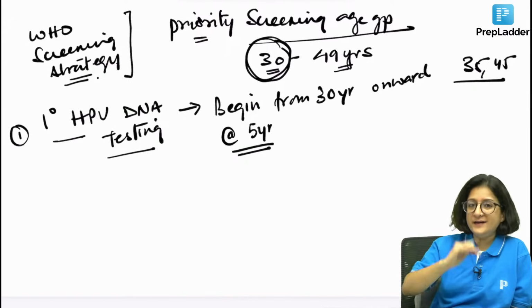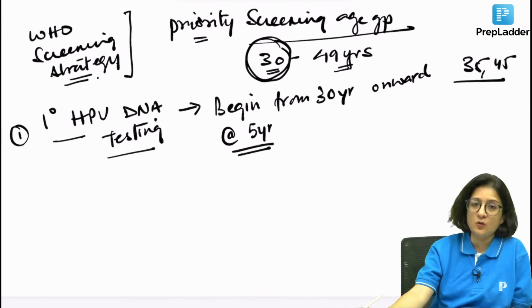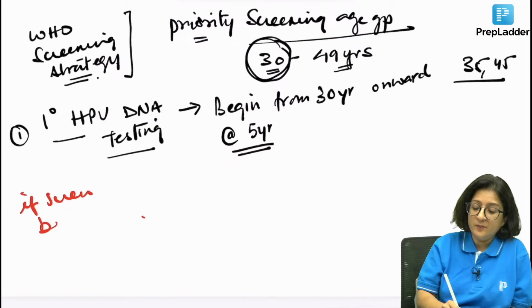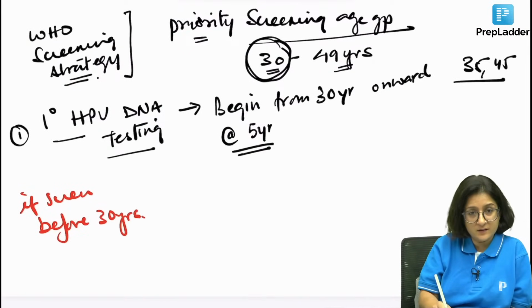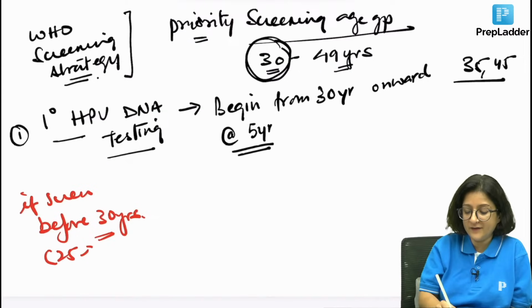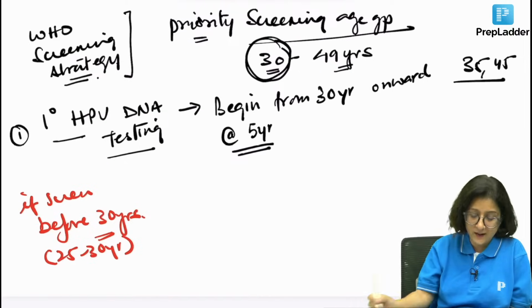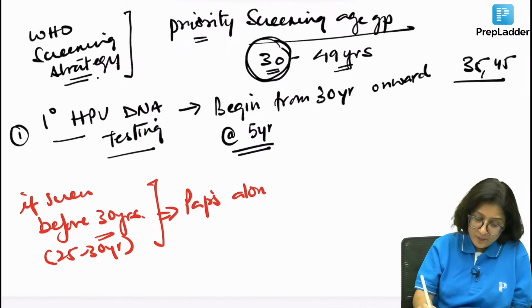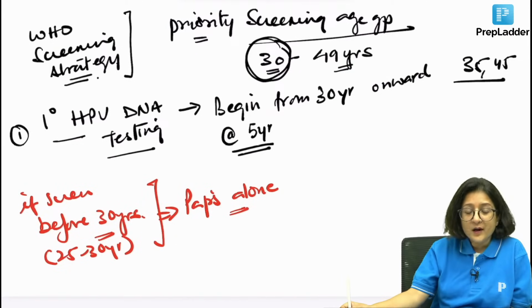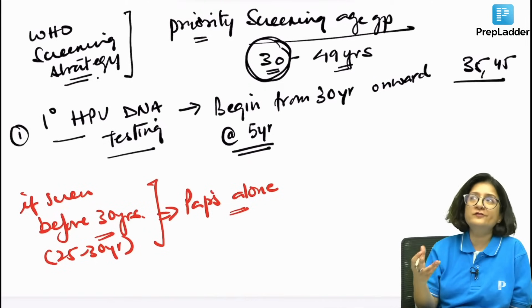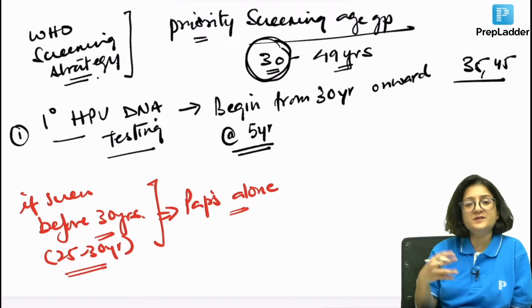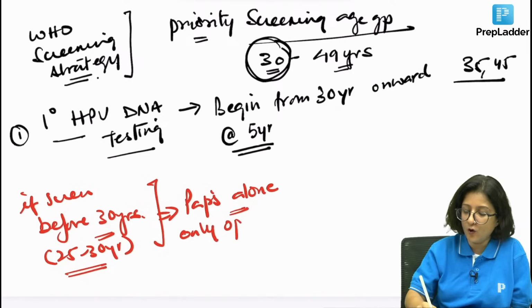In India, we tend to screen beyond 25 years of age. Now please also remember, if we have to screen before the age of 30 years, for somebody between 25 to 30 years of age, what is our option? Pap smear alone is our option. Pap smear alone is an option for 30 years and beyond also, but between 25 to 30 years, Pap alone is the only option.